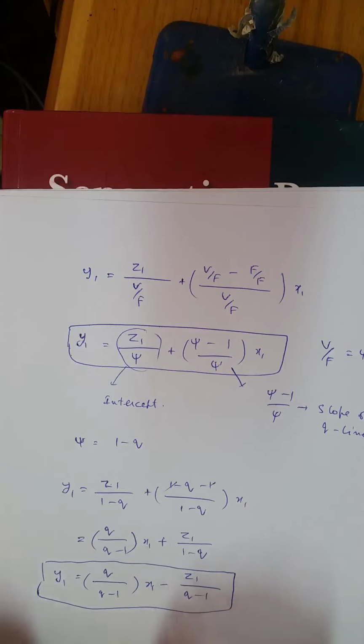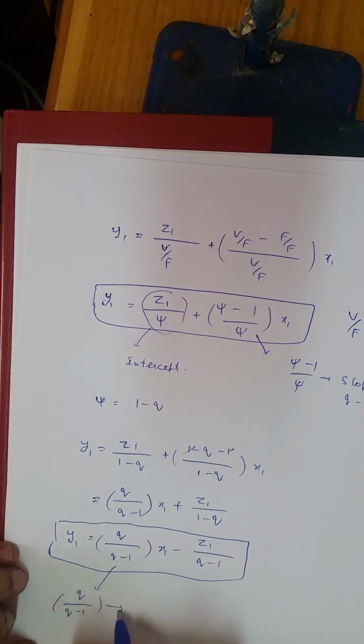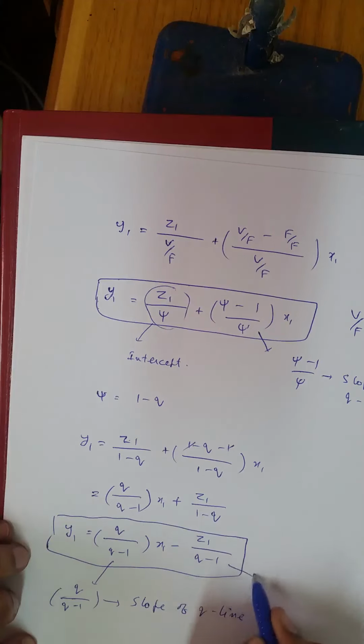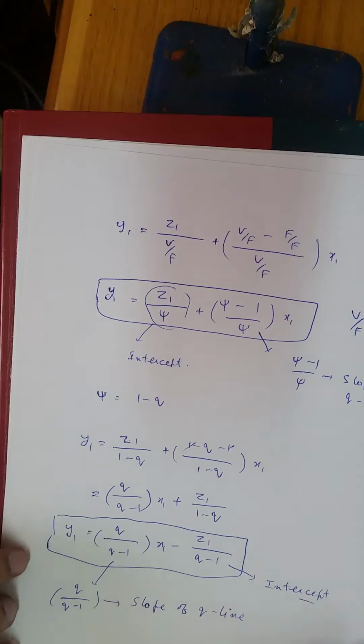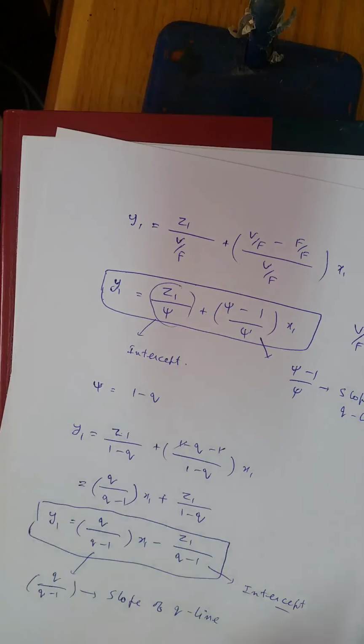Again, this is the slope of the q line, and this is the intercept. So that's all for chapter 4.